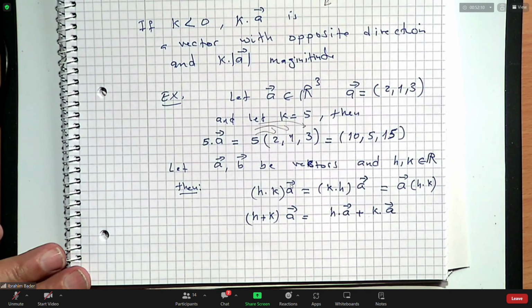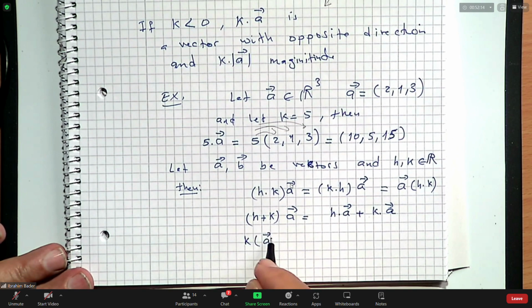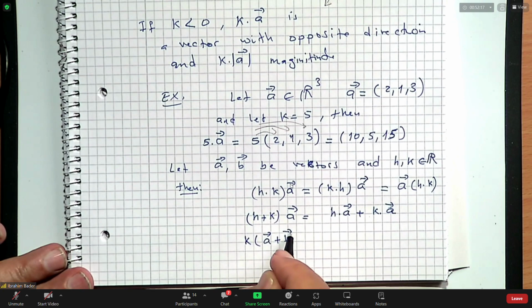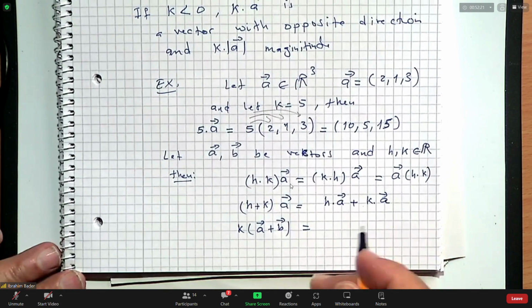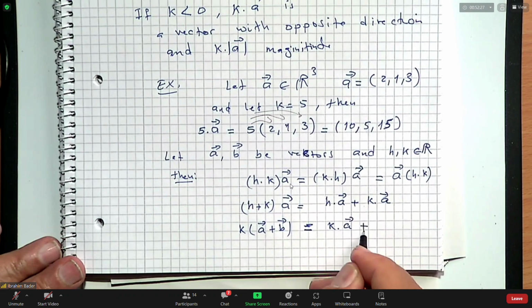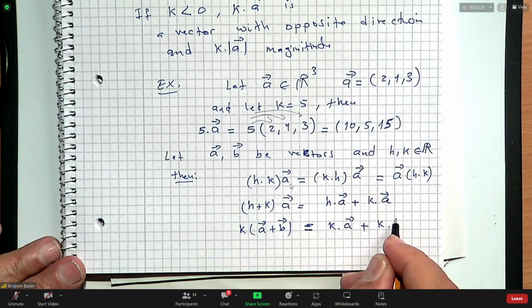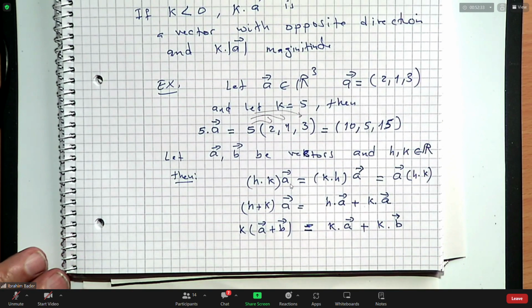Okay, now what if I have a constant and here inside I add two vectors? Again, here we can also expand the constant. So here I can say this is K multiplied by A plus K multiplied by B.